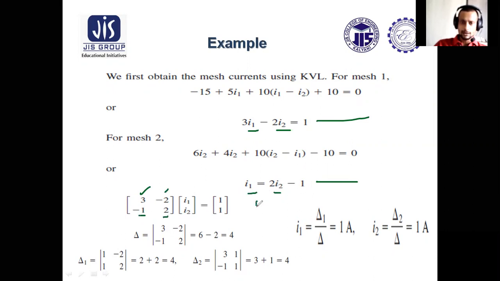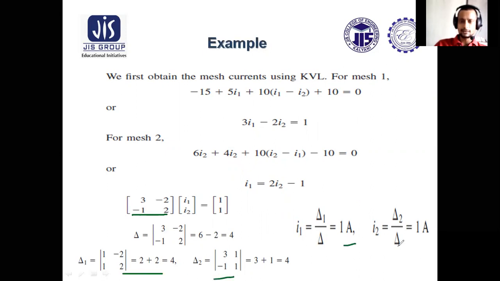Because by rearranging this equation, we'll get this minus I1 plus 2I2. So if this I1 is taken here and 1 is taken here, so this will be the equation. So from this del 1 and del 2 can be found like this, as we discussed earlier.